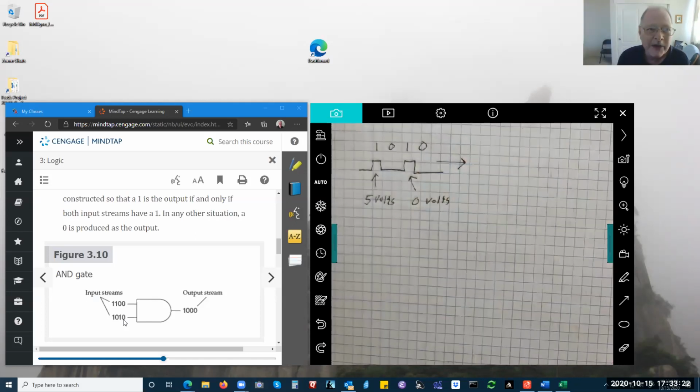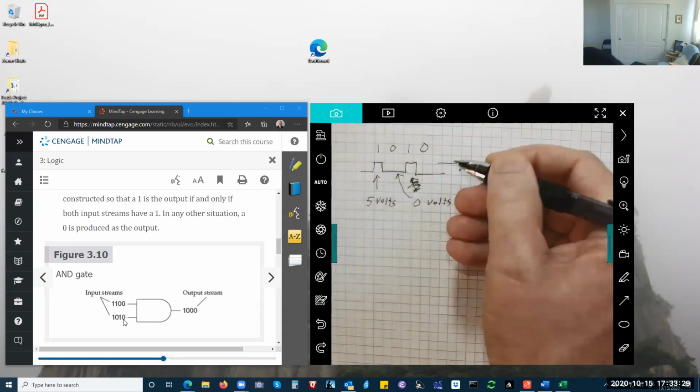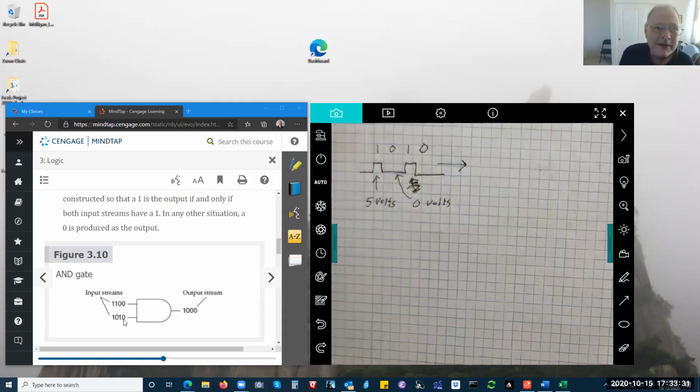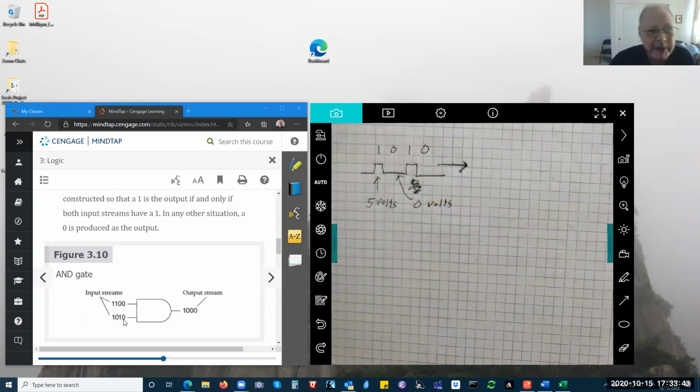You've got 5 volts, and then 0 volts, and then 5 volts, and then 0 volts. That's the voltage between this wire and the ground. And it just propagates along the wire at the speed of light.